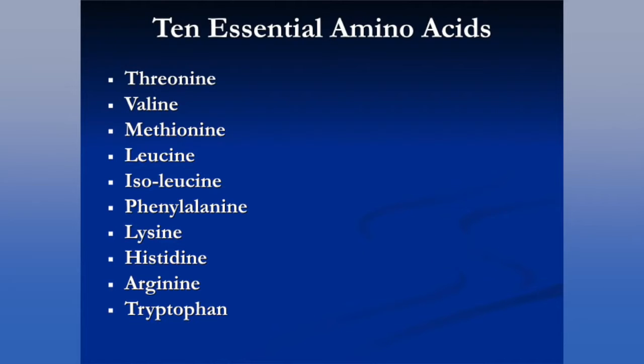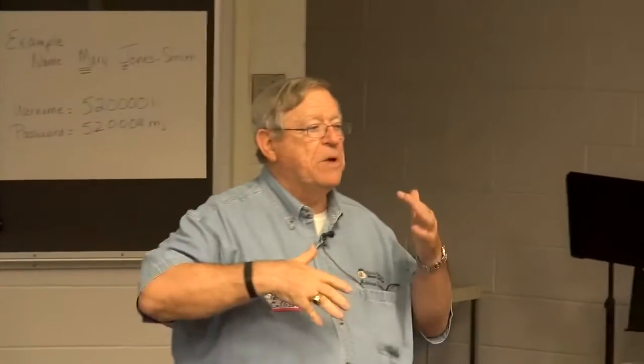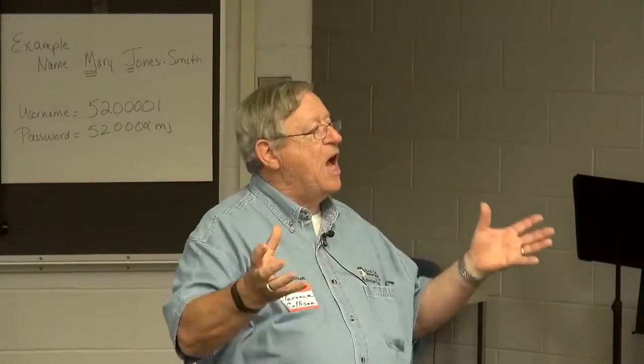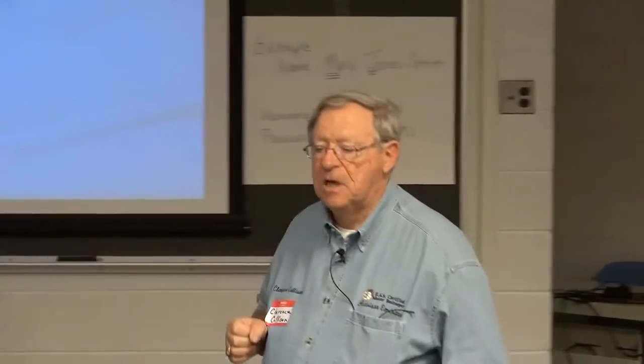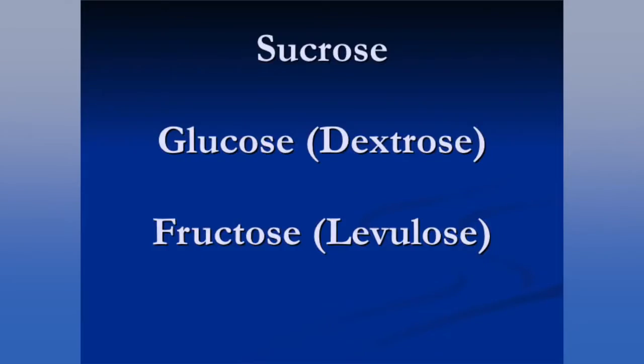Now, I don't expect you to remember this, but just so you realize, this is the list of the 10 amino acids that are absolutely necessary in order to have reproduction and bee development. As I indicated, like dandelion, many pollens lack some of these. And that's why it's important that we have a mixture of pollens coming from many different sources, so that within the colony, all 10 of these will be present.